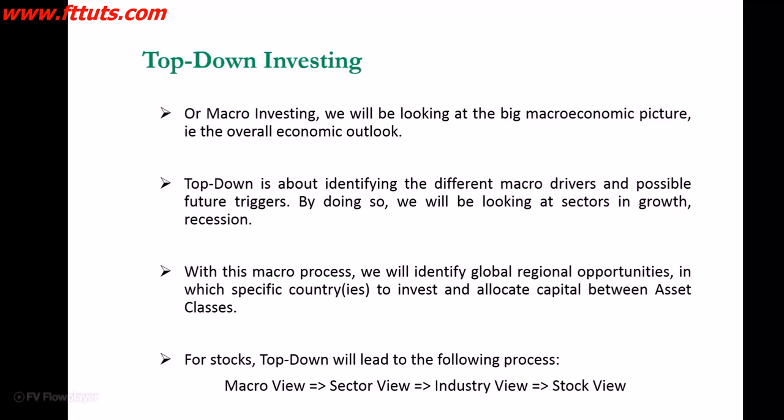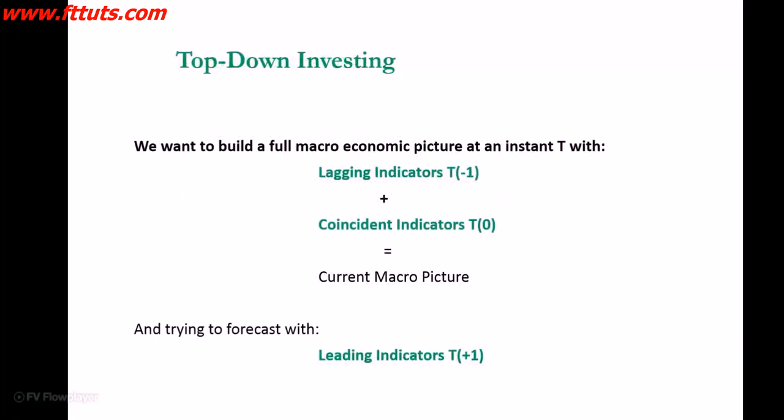In top-down investing, what you want to do is build a full macroeconomic picture at an instant T, right now, with what happened before. That is what we call the lagging indicators, T-1. Then the coincident indicators, which are all the indicators right now.